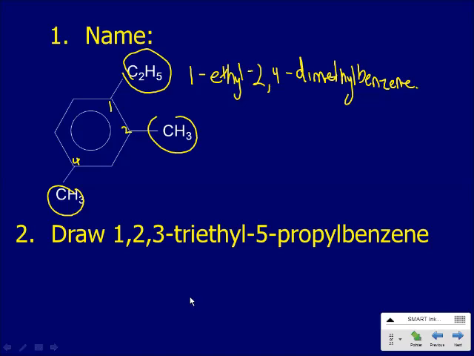Drawing up is always easier. I always draw up in reverse because we're starting with benzene. I'll just draw the benzene shape. 1,2,3-triethyl, so a C2H5 and a C2H5 and a C2H5, and then a 5-propyl, 1, 2, 3, 4, 5, and propyl is C3H7, right?